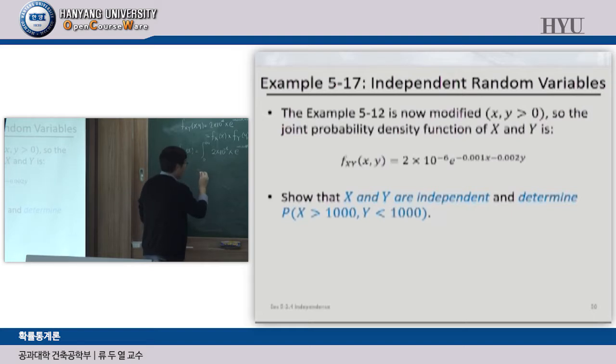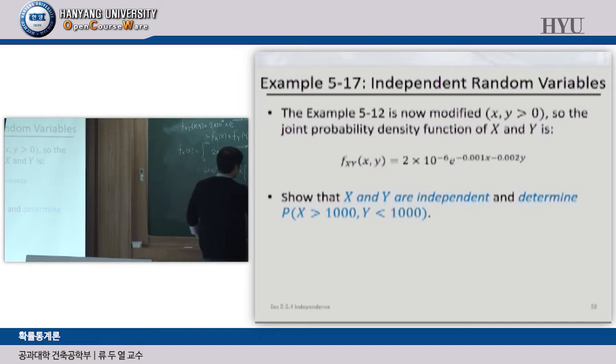And this can be written as 2 times 10 to the minus 6 power times exponential minus 0.001x times minus exponential minus 0.002y over 0.002 from 0 to infinite.